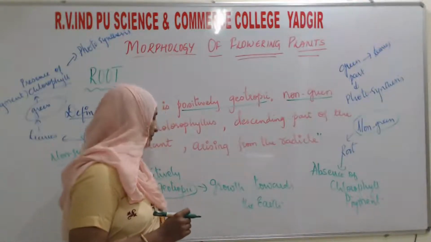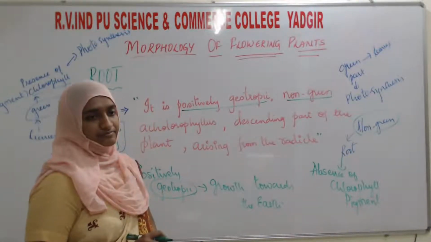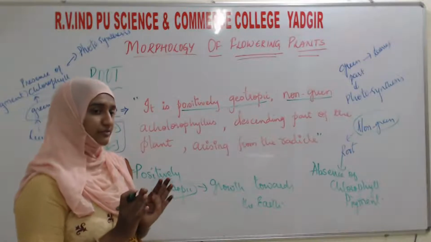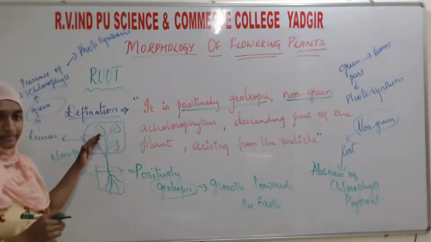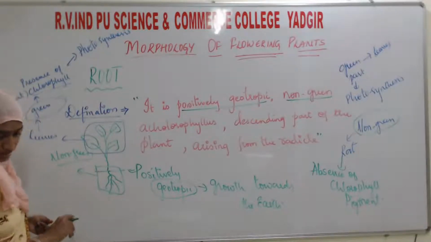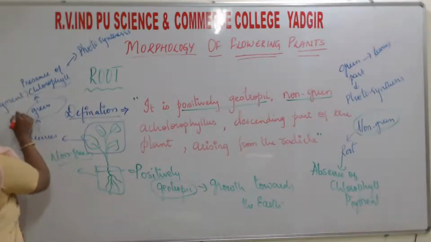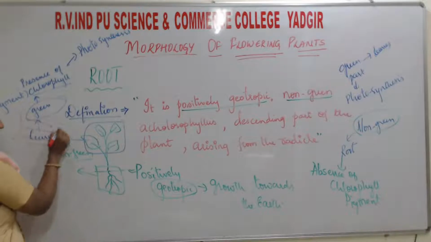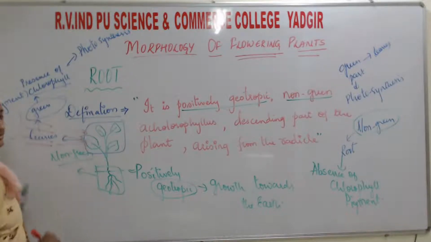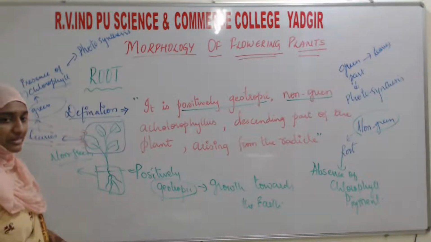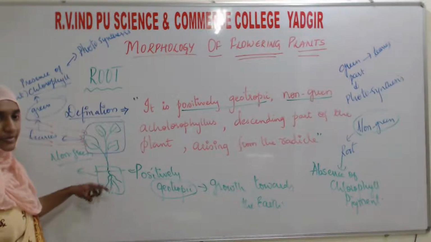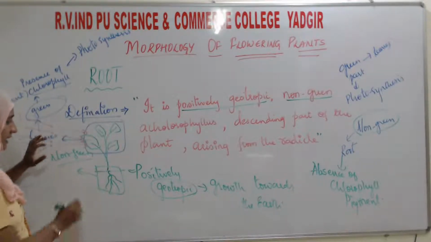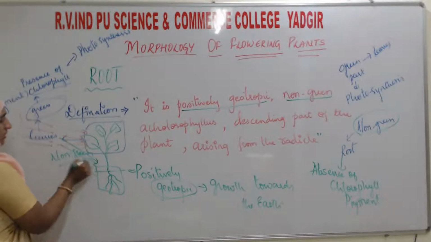And one more thing. Photosynthesis requires leaves, which are present above the earth's surface. Whatever sunlight is there is trapped by the leaves. And because the roots are in the ground, under the ground, the sunlight cannot reach the roots.